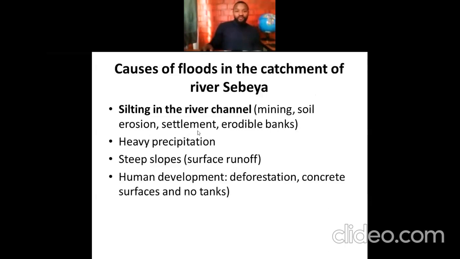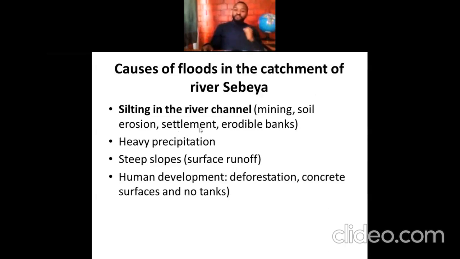Settlements also have been increasing in the catchment of the river, and as people increase in settlement, they increase surface runoff, like they increase cementation or concreting the soils, making them no longer permeable. So as surface runoff increases, then also erosion happens and brings down some sediments.